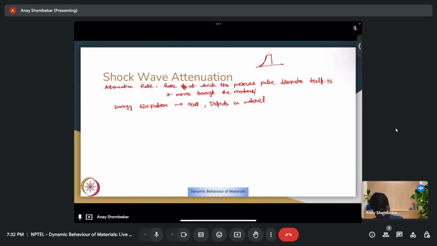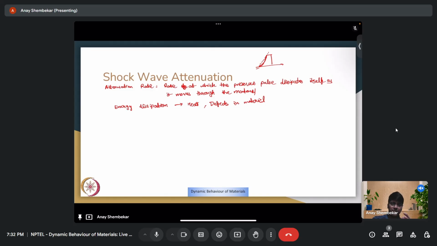But if we assume it's simply coming along a straight line, then we can get a very rough estimate of the distance the shock wave would travel in the material before its peak pressure starts dropping.